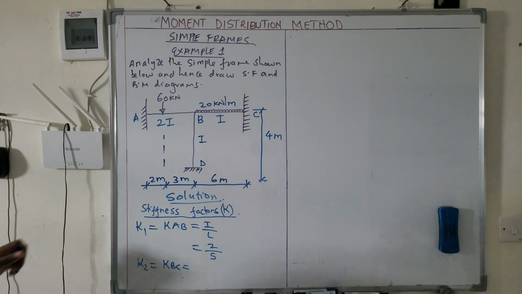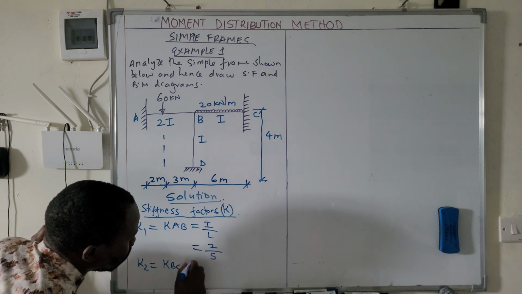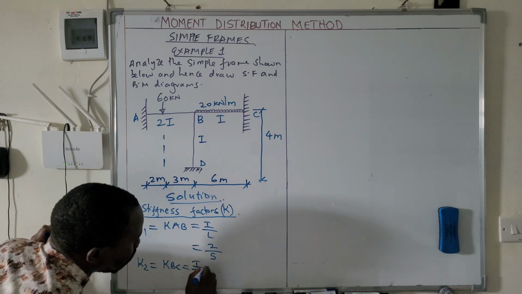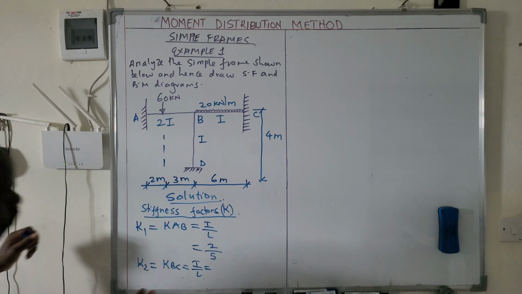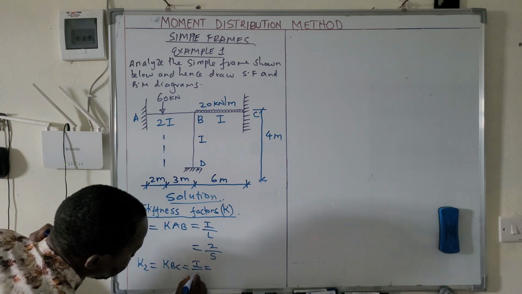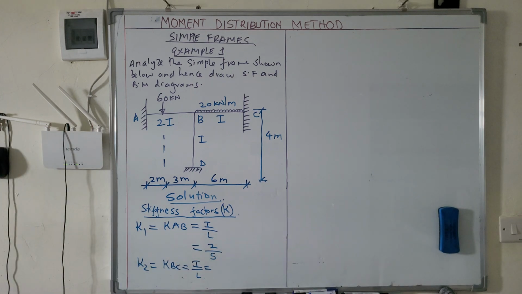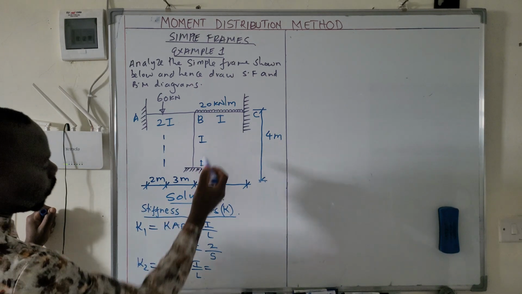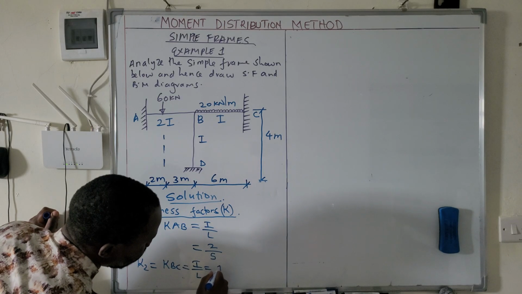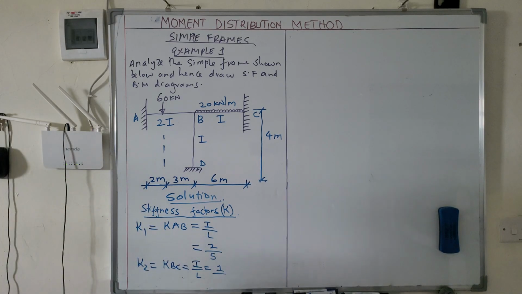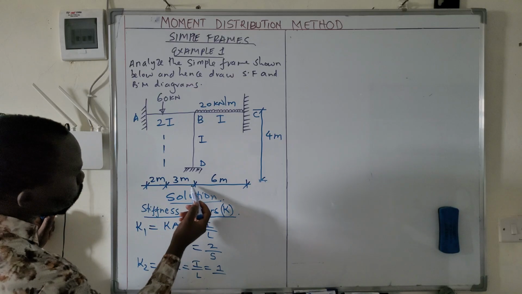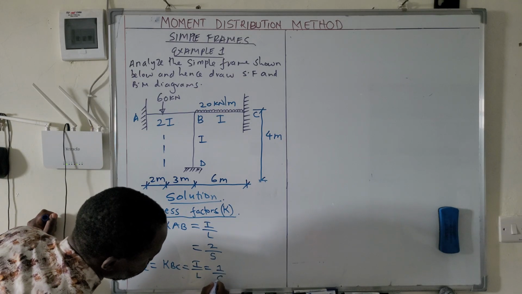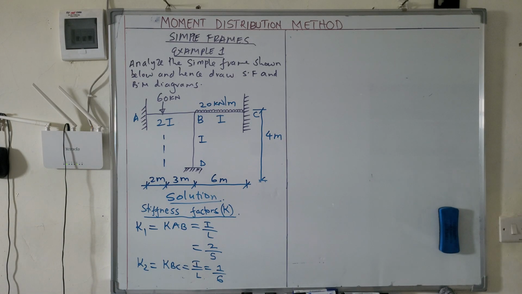So it means our formula remains the same, I over L, which is equal to I. I is 1. So 1 over L. Distance from here to here is 6. Like that. We proceed to K3.